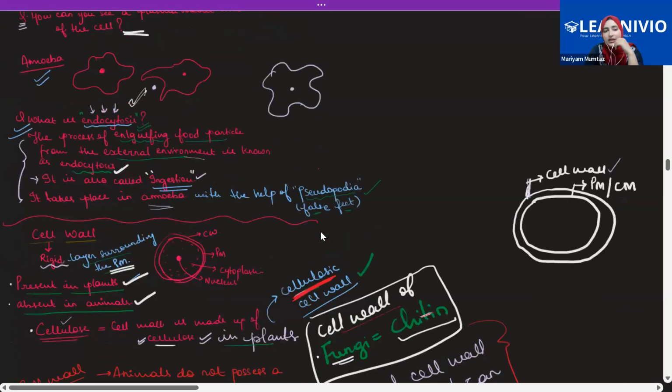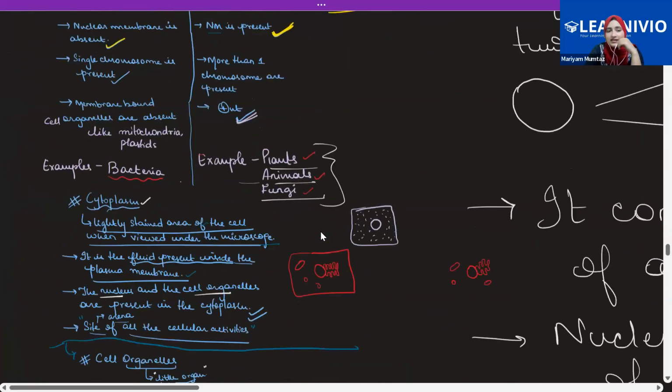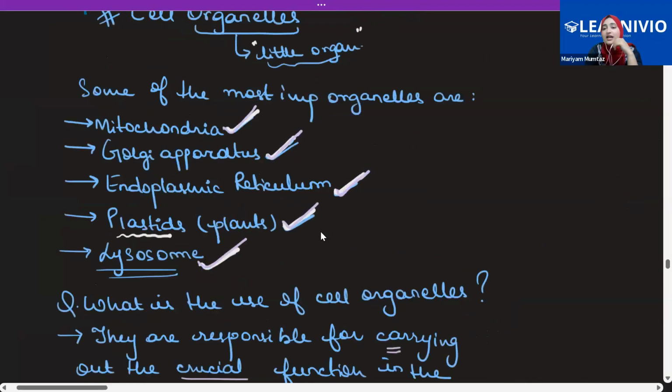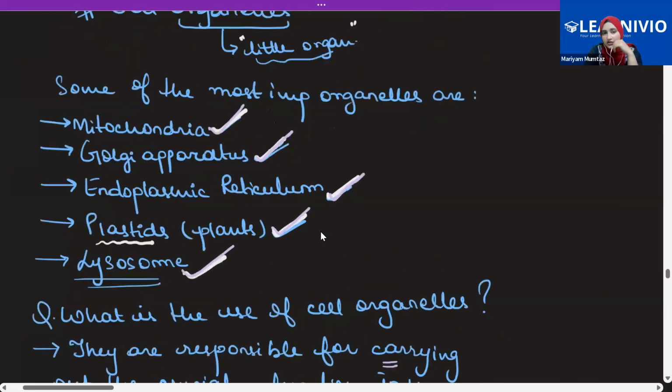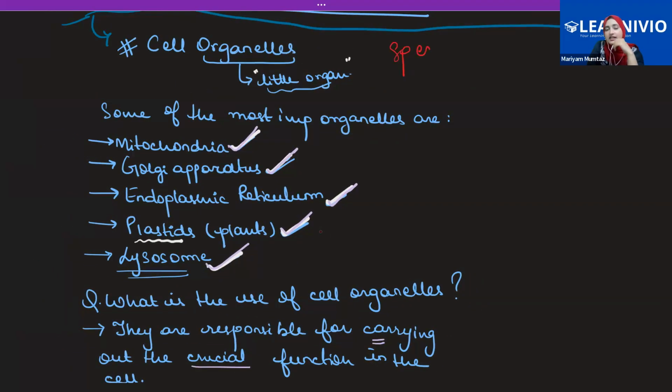Now, the next thing that we are going to see are the cell organelles. Inside the cell, there are specialized cellular structures. These are the specialized cellular structures that are responsible for carrying out different functions.